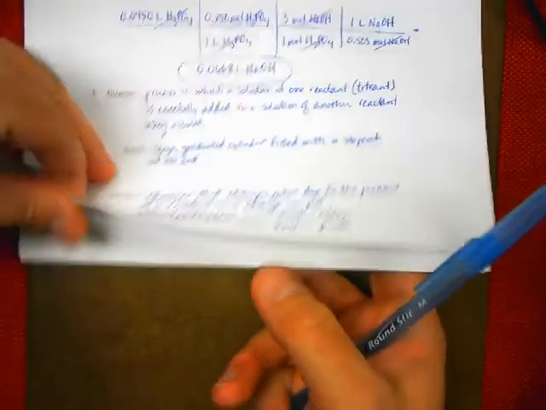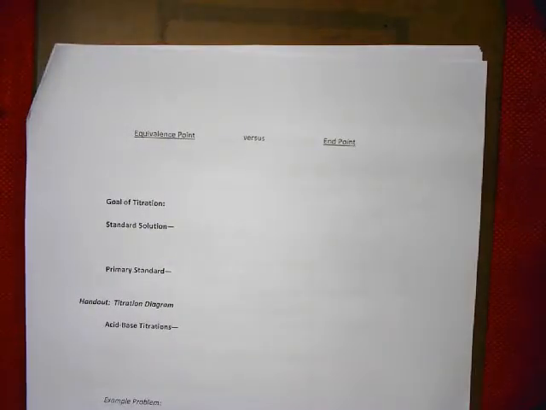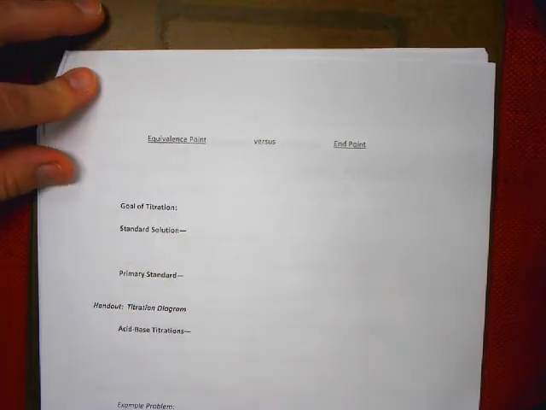So if we turn the page to our note packet, we're going to be talking about 2 points in a titration that are very important. So our first definition is for equivalence point.